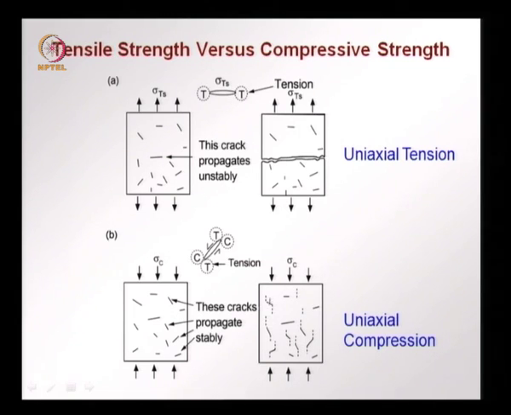You see here that at the end of the crack we have crack extension occurring almost vertically due to splitting, and just one crack does not cause complete failure. Many of these cracks have to open up, some of these cracks have to join before finally you have failure under uniaxial compression. So, we see a big difference in how failure occurs and how the flaws will lead to failure in tension and compression.